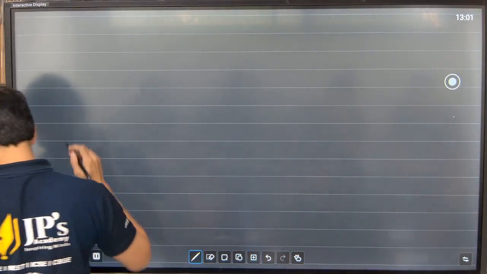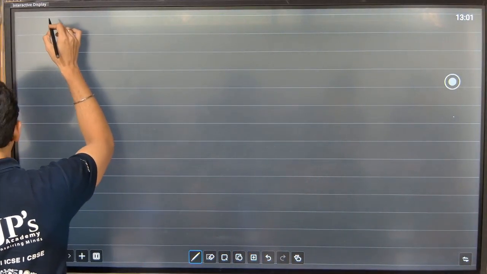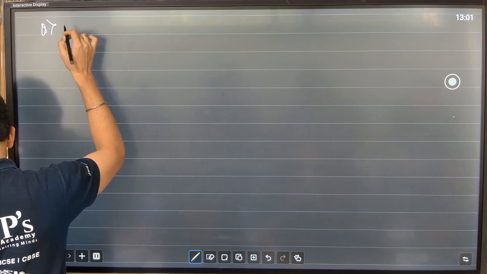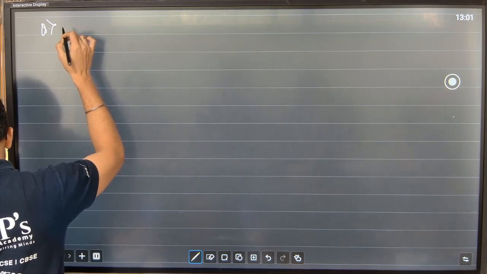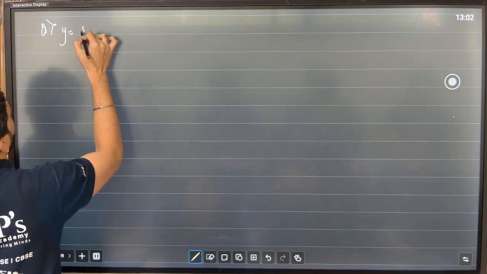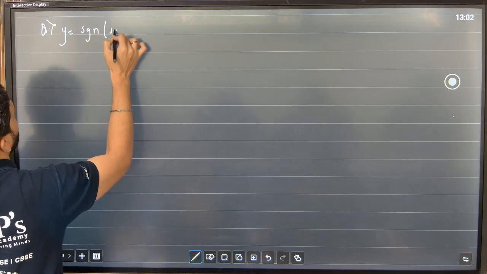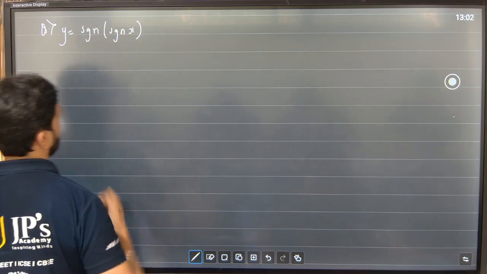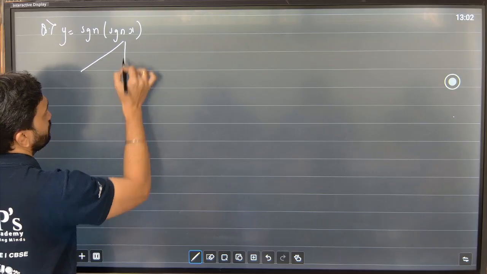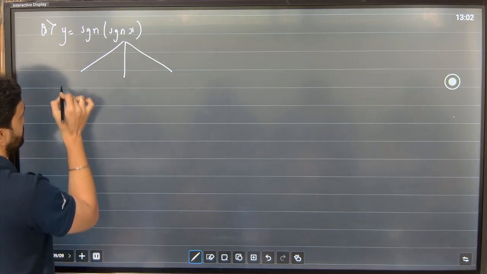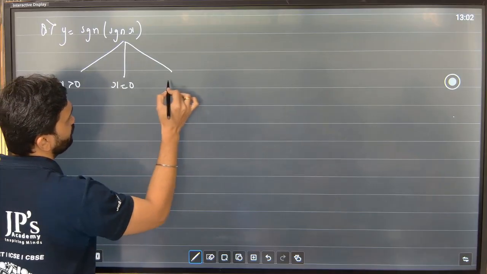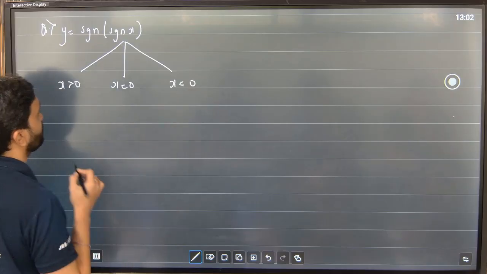Now, my question. Y is equal to SGN of SGN x. Here there will be three conditions: where x will be greater than 0, where x will be equal to 0, and x will be less than 0.